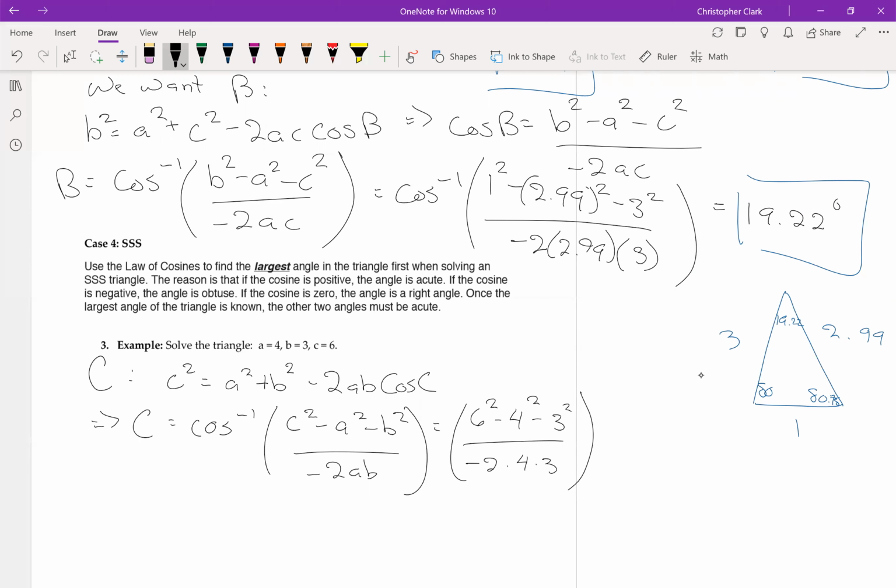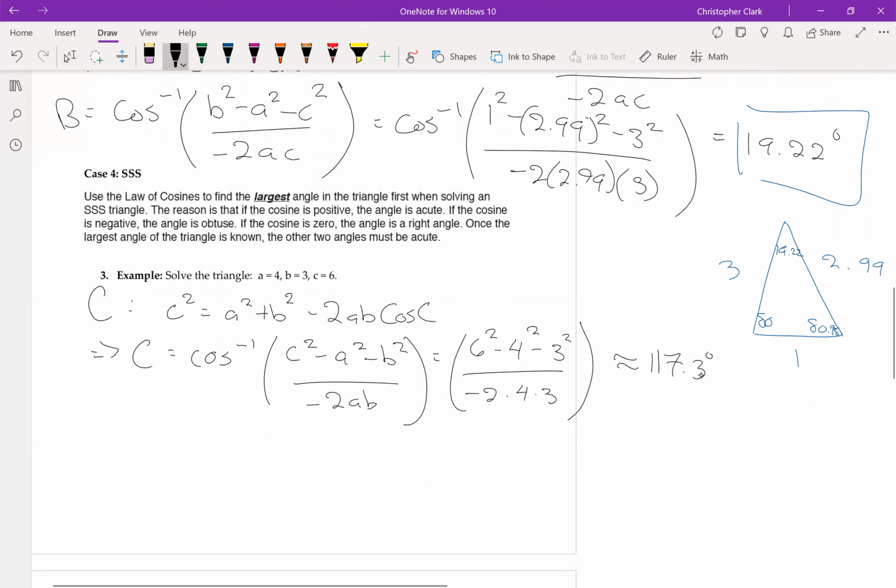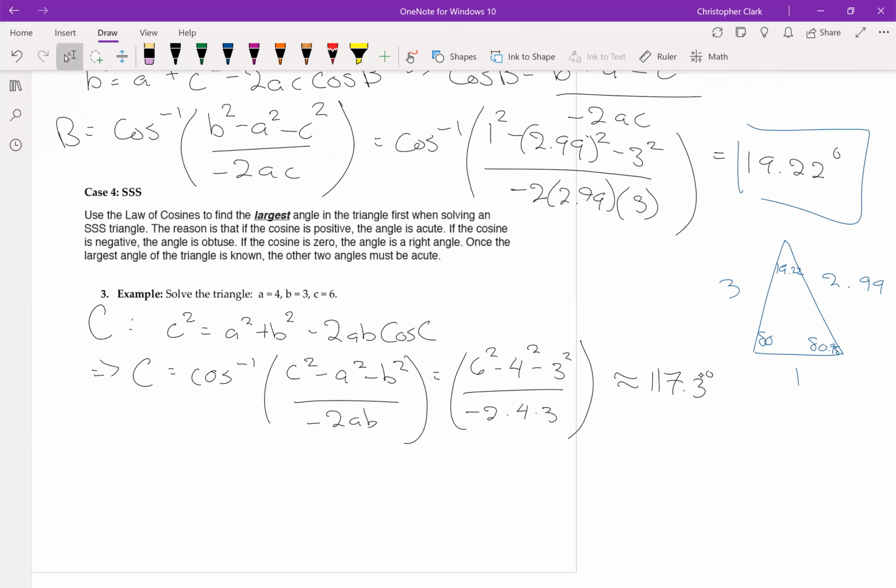And that gives us approximately 117.3 degrees.